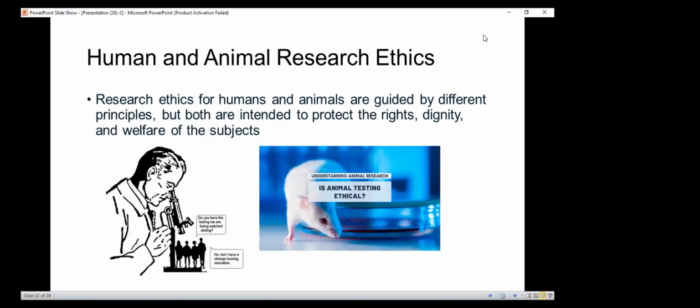For human research, these include informed consent, privacy, and maximizing benefits. Animal research is focused on humane treatment, reducing unnecessary suffering, and using alternatives wherever possible. Adhering to these ethical standards is essential to ensure responsible and respectable research practices.